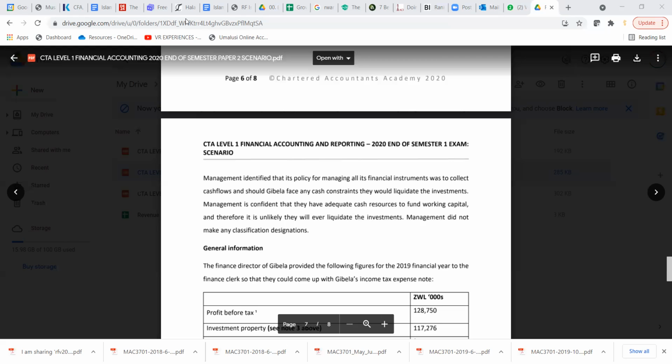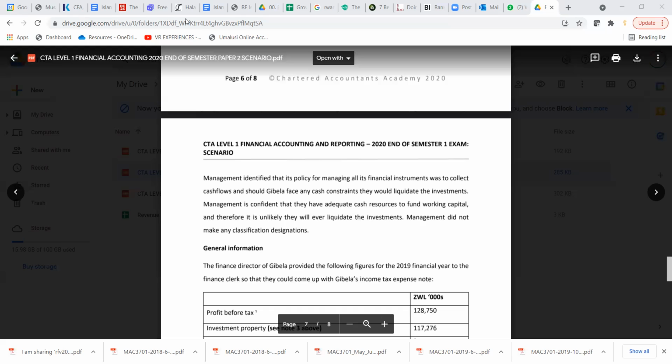I'm saying the business model is the one in which they have to collect cash flows and also sell that financial asset. For example, they are meant to be collecting cash flows, then they also sell those preference shares. But if you read our scenario, there was no mention of us selling the preference shares.